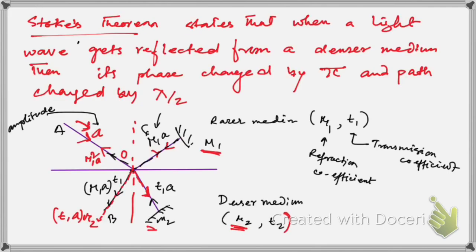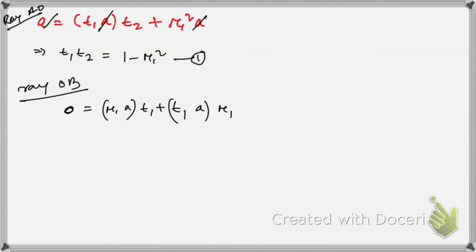So here you see in the diagram that in this direction rays are coming only, from this direction, and after reflection. So that's why we have to write 0. Then that's going to be equal to this expression. Then if you simplify this, what are you going to get, right?